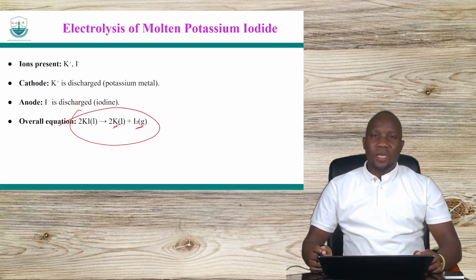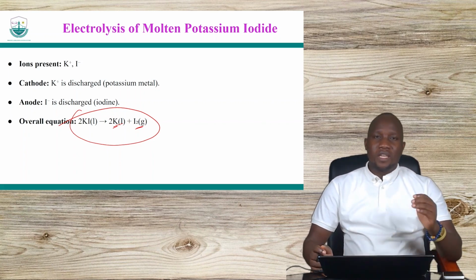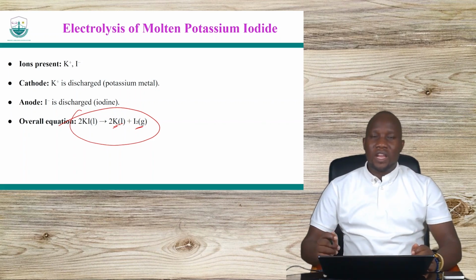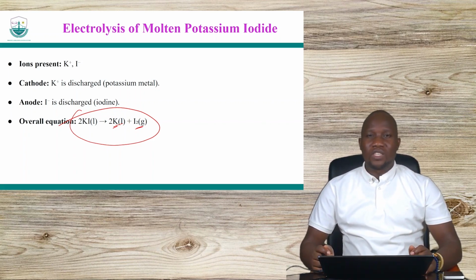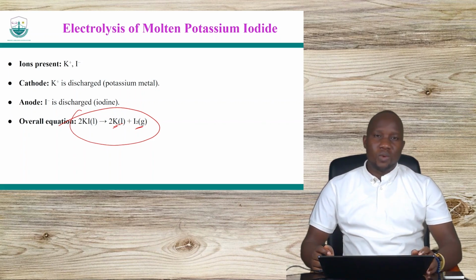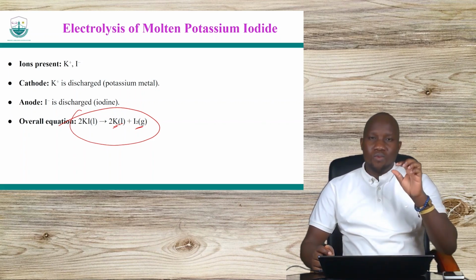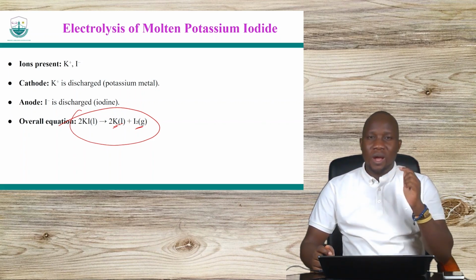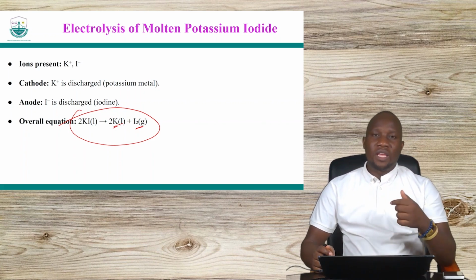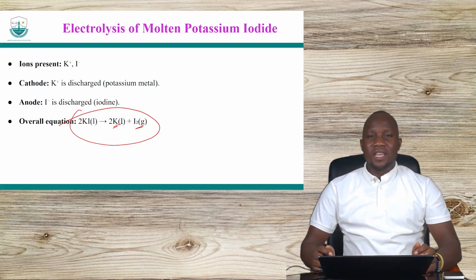We've been looking at which one gets oxidized, which one gets reduced, and what products we have. And then we have also looked at what electrodes we are using and how they influence the nature of the products that we shall have as a result of the process.